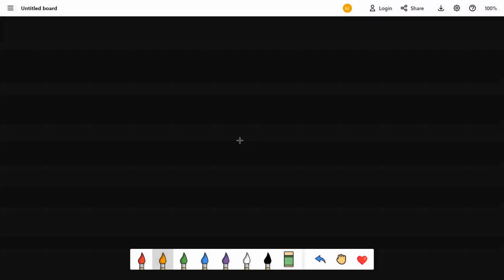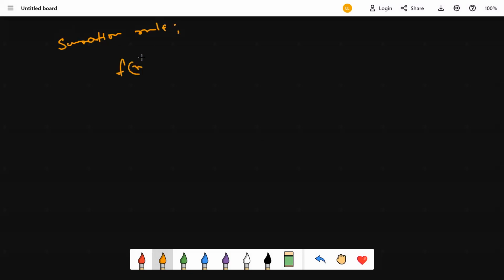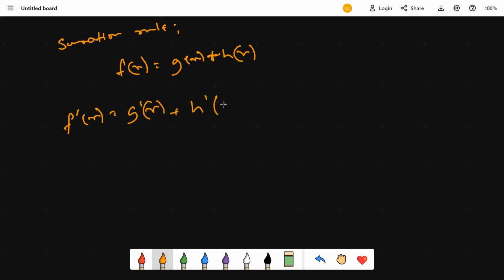Now, before going to other rules, remember one thing. The summation rule does include the addition and subtraction sign. That means if we write them in this format, f(x) equals g of x plus h of x, and f prime of x represents g prime of x plus h prime of x, then it is also true for f(x) equals g(x) minus h(x).